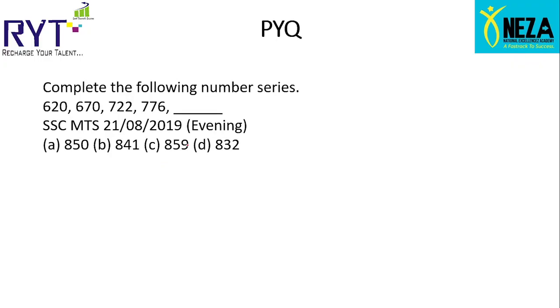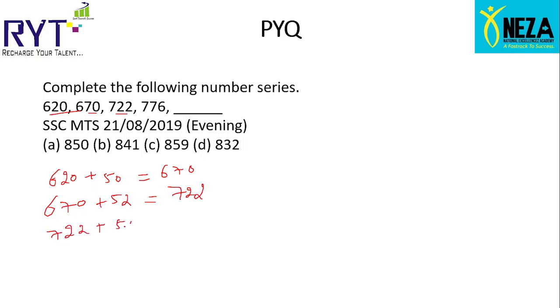Let us solve some previous examination questions. This question is from the Staff Selection Commission examination. Let us look at it. 620 plus 50 gives me 670, plus 52 gives 722, plus 54 gives 776.